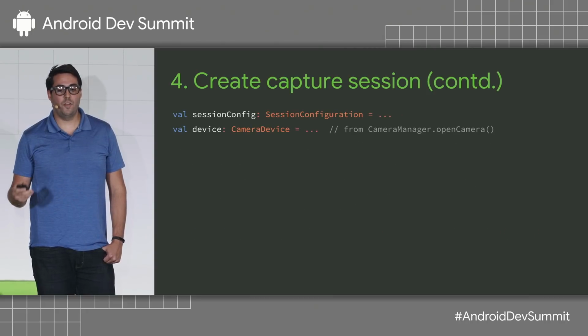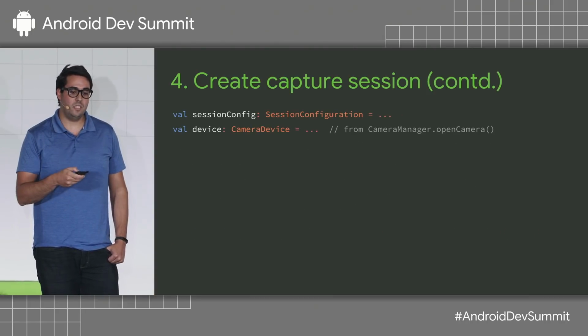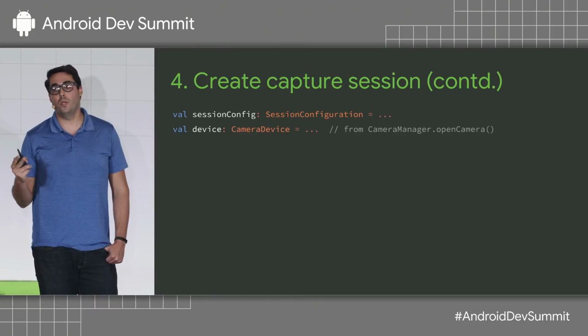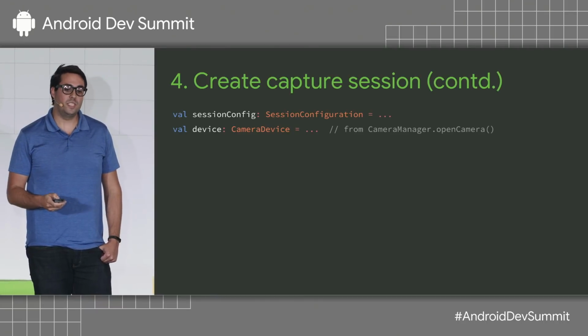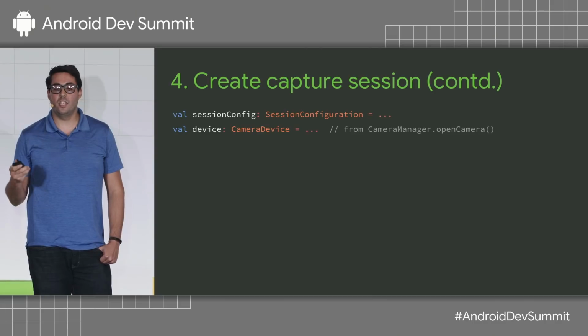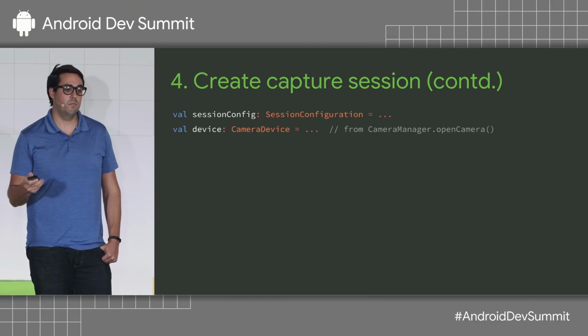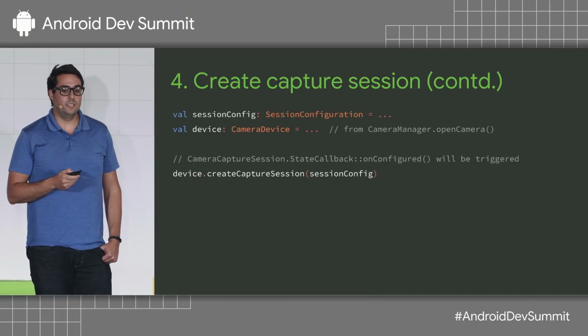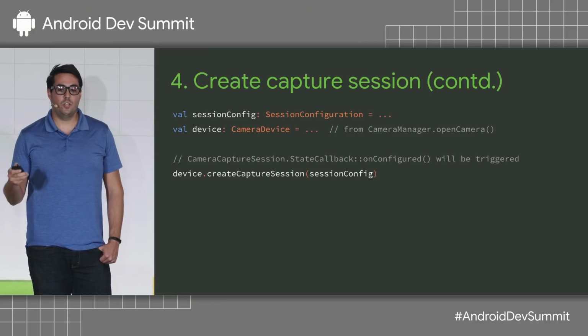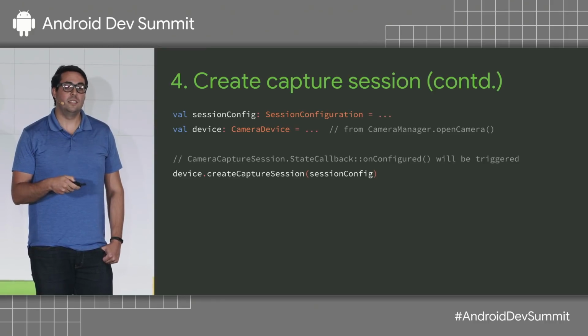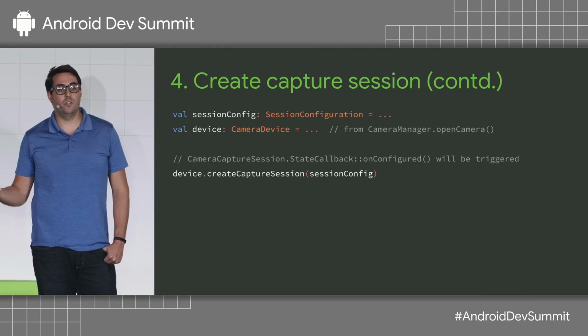We take that session configuration object and the camera device, which we got from step number 2 when we opened the logical camera, and we send the framework the request to create a new session with our desired configuration. The callback provided in the session configuration object will be triggered now, and then we'll have our camera session ready to be used.